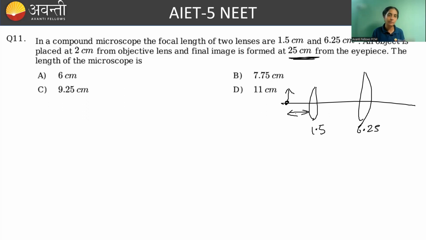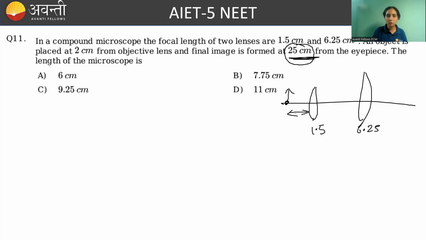One case is the final image is getting formed at infinity, and another case is the final image is getting formed at the least distance of distinct vision. And in both cases, the image getting formed is what? Virtual, right? So here what is happening? The final image is getting formed at 25 centimeter. It means at the least distance of distinct vision, right?